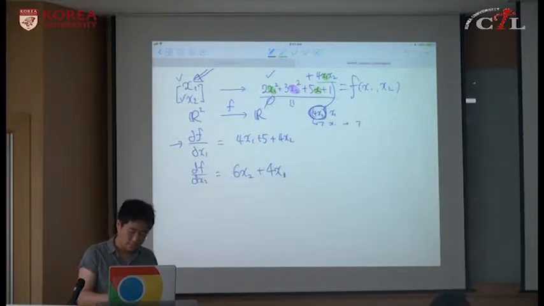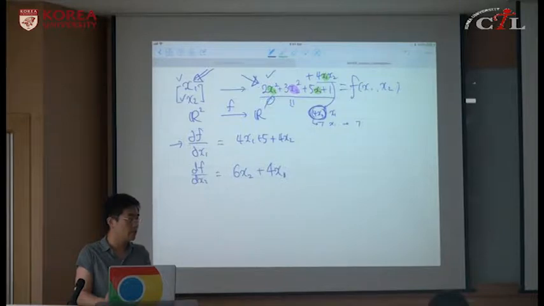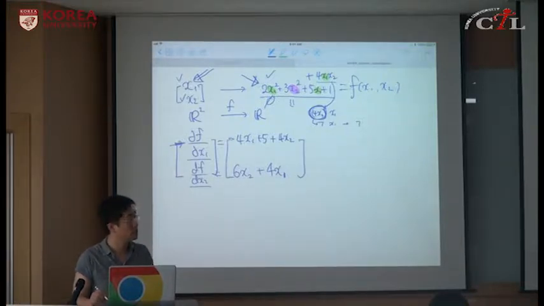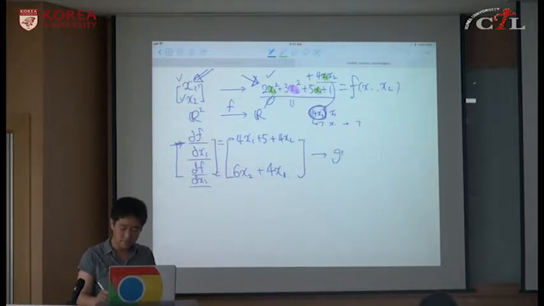Okay, and then the derivative of this function with respect to each individual variable by computing its partial derivative, we obtain these two, and then we can just form the vector, right? So this vector is basically the collection of the partial derivatives with respect to each individual variable, and this vector is called the gradient. Okay, gradient.